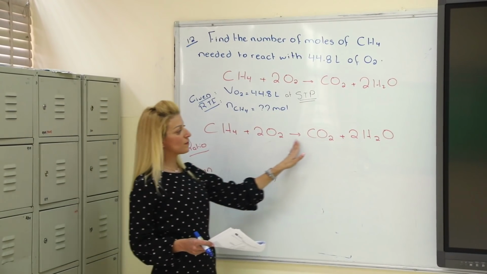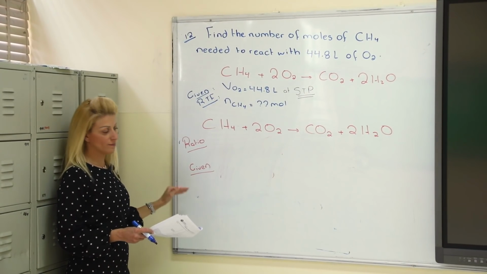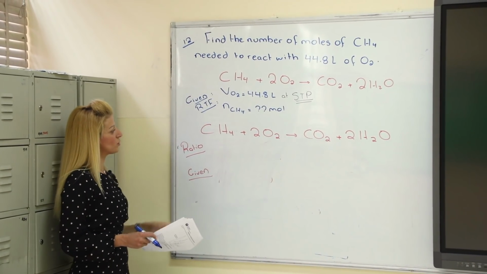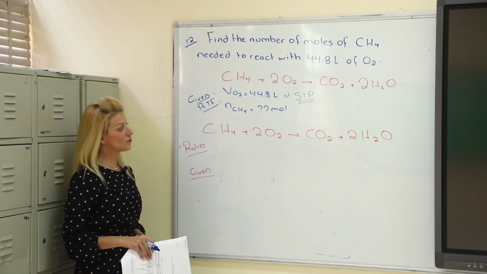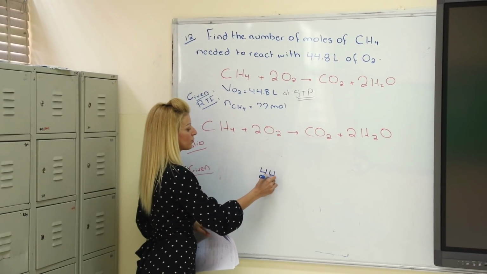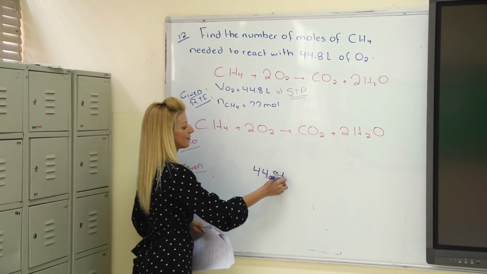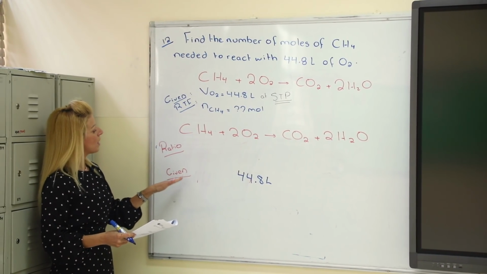So we rewrite the equation and we write the ratio and our given underneath. The given is from the original question. So the given is 44.8 liters of O2. So under O2, I will write 44.8 liters or decimeter cubed, which is the same thing.